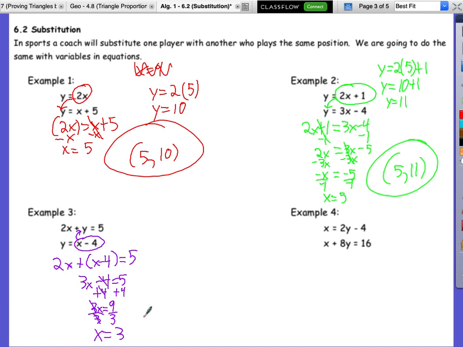Are we done with the problem yet? No. Betsy, what do we have to do? Plug the x in to solve for y. Okay, it doesn't matter which equation we plug it into. Do you have a preference? The second one, okay? That way we don't have to multiply, maybe. Why might the second one also be a good idea?